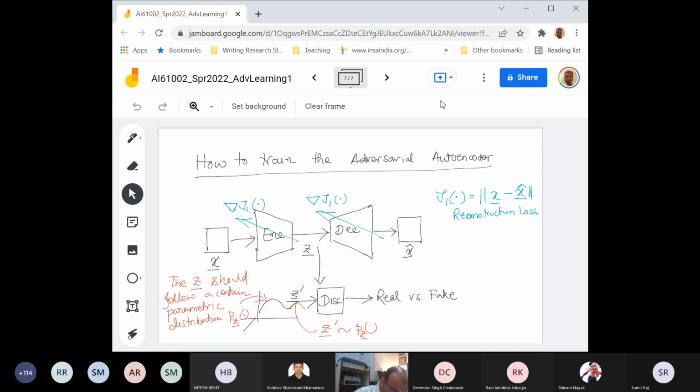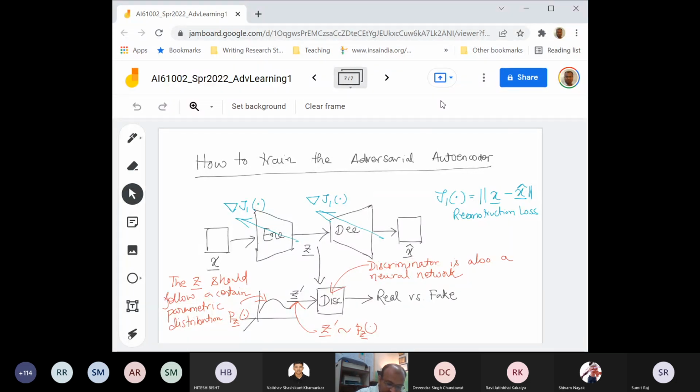The discriminator is also a neural network, and its job is to see whether it can discriminate appropriately between Z prime and Z.